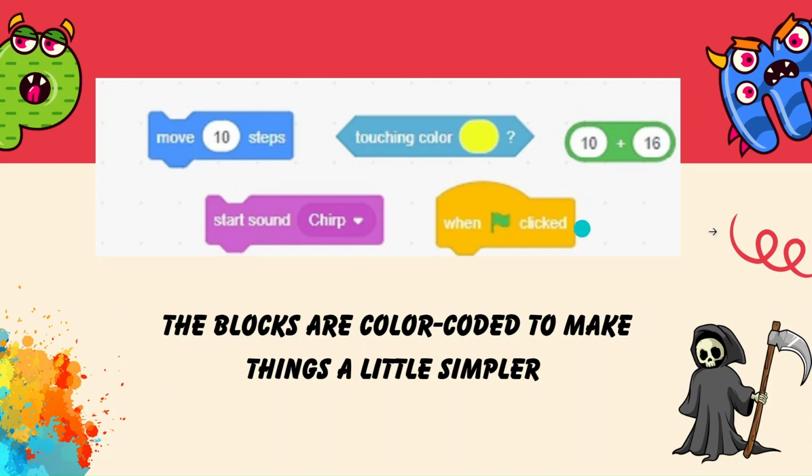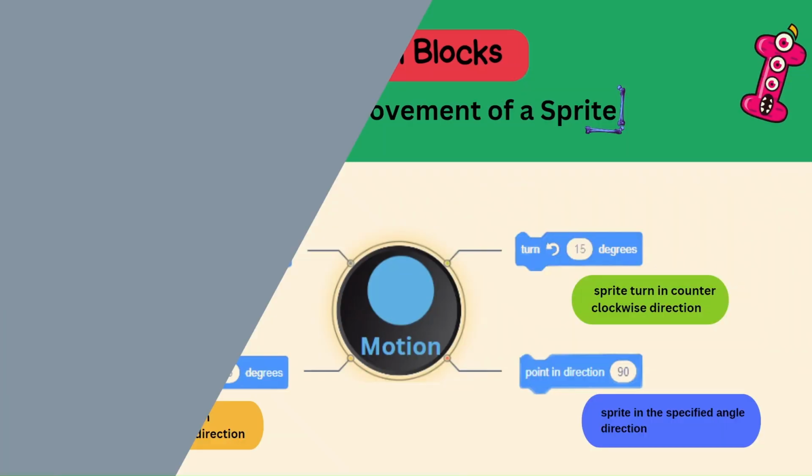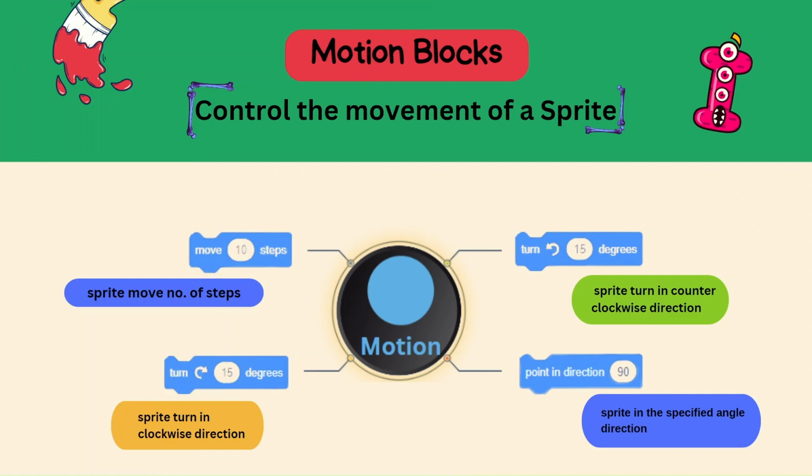These are color coded so that it makes our programming easier. As I told you earlier, Scratch is different from other languages, because here we use these blocks, and when we are using these blocks, it gets very easy to code, and here you all Scratch learners win. Now what is it? Motion block.